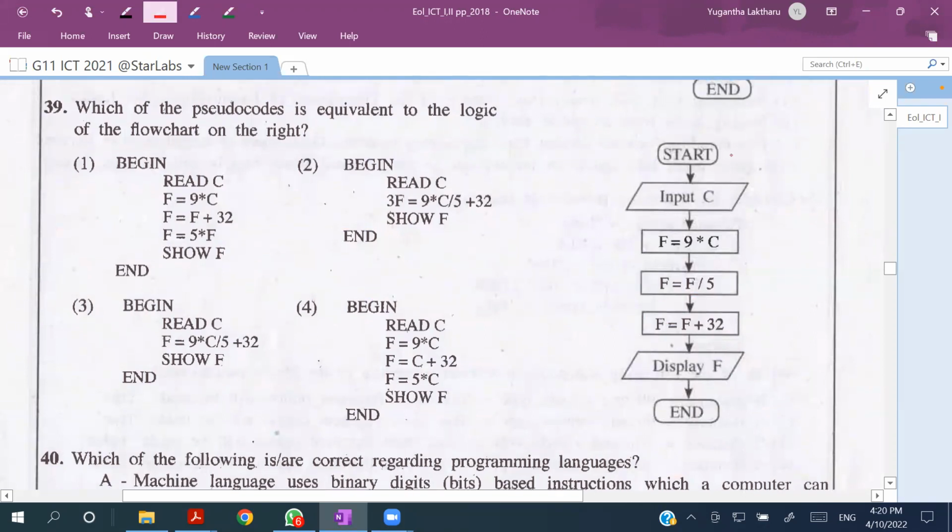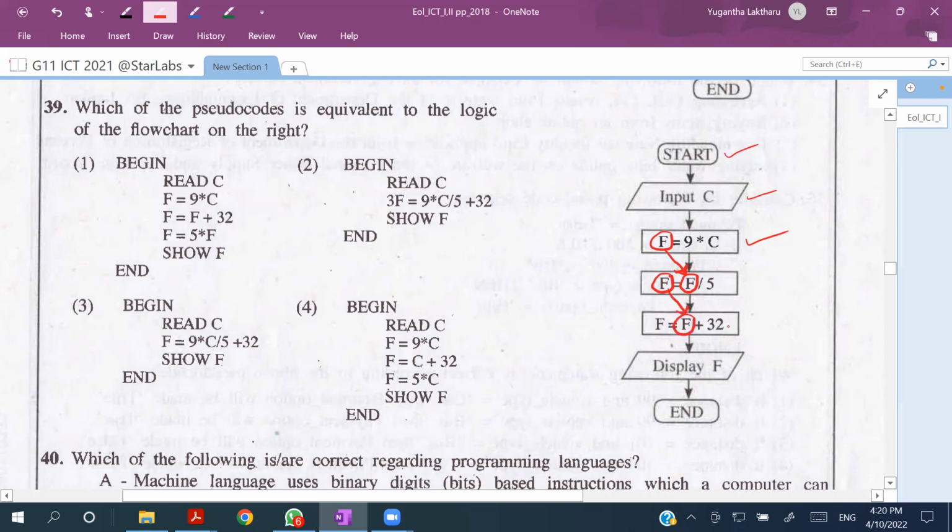So it generally starts, it takes C, and here what they have done is F equals 9 into C. So this is the F that they are going to use over here. That F is divided by 5 and again assigned to the F. This F is going to be used over here.